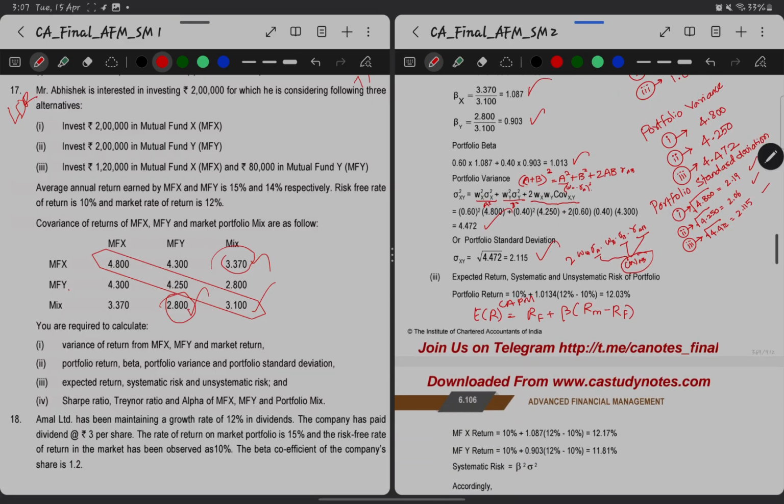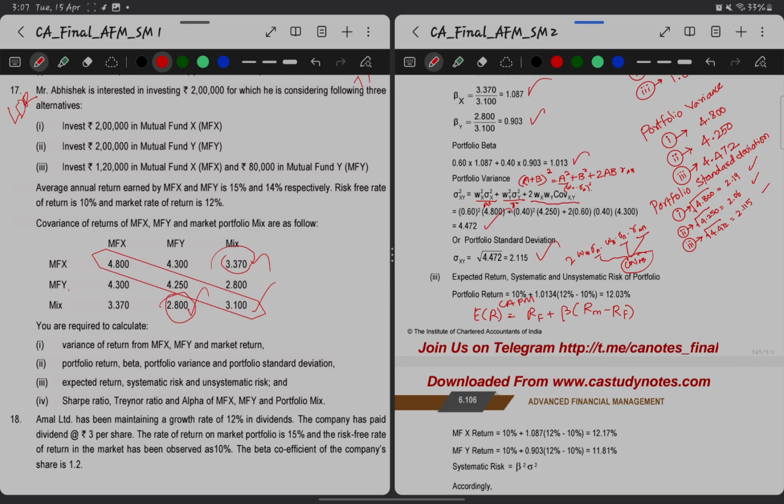Now the third requirement: expected return, systematic risk and unsystematic risk. The total variance will be the total risk of the portfolio, and if we find out the systematic risk, then unsystematic risk will be nothing but the total risk minus the systematic risk.